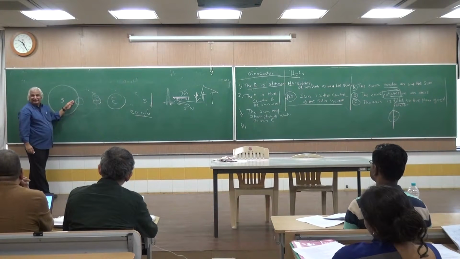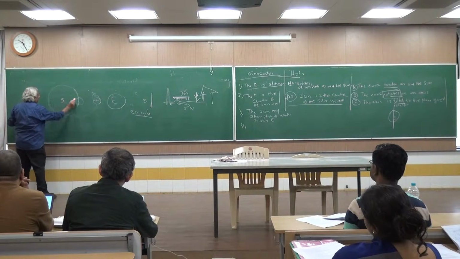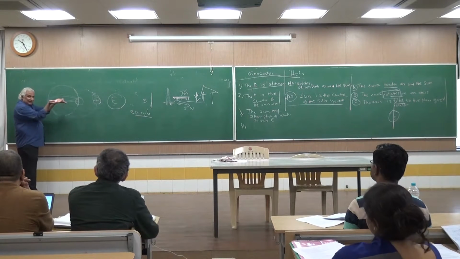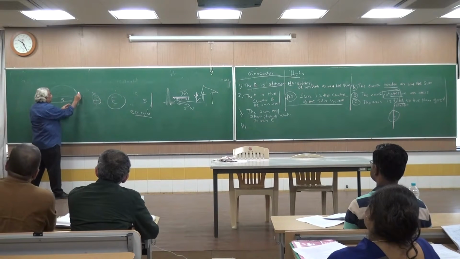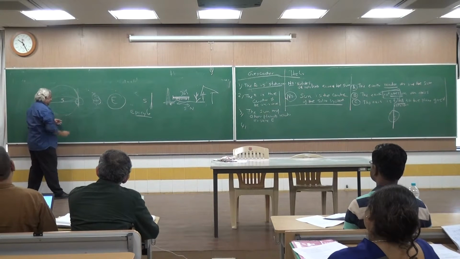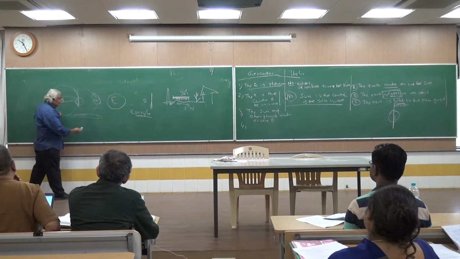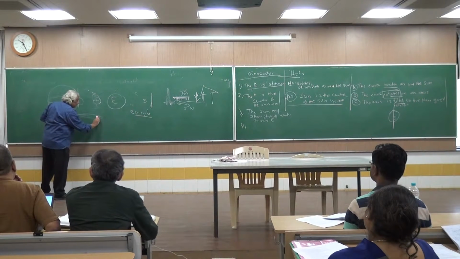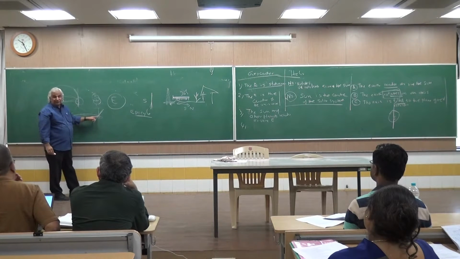I can't draw this properly, so I'm going to do something like this. Okay, this is the elliptical orbit. Imagine it this way, and the Earth's axial rotation is not like this. This is the plane of revolution. This is the Earth rotating. It's not like that, it's like that. So it is tilted to the plane of revolution.